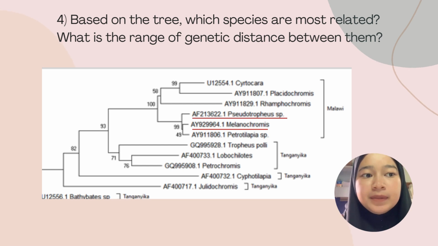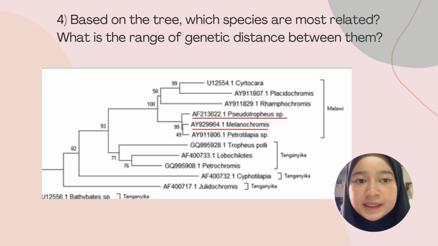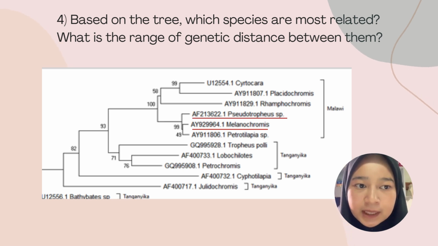The genetic distance between species can be estimated using the scale bar provided at the bottom of the tree, which represents 0.02 substitutions per site.